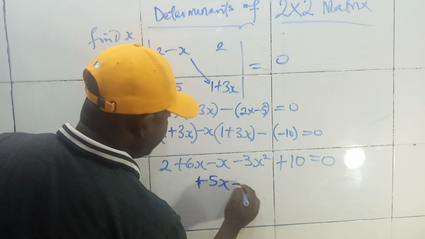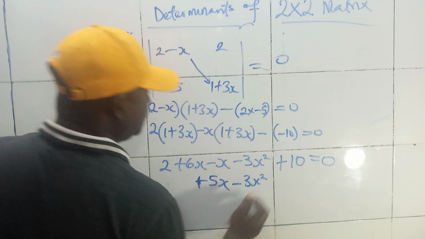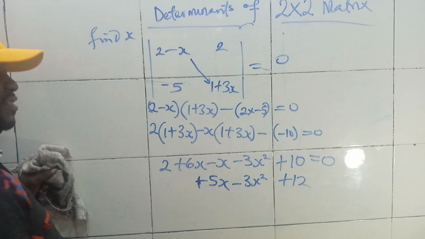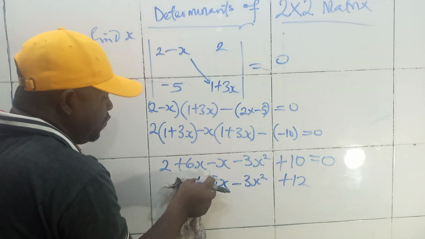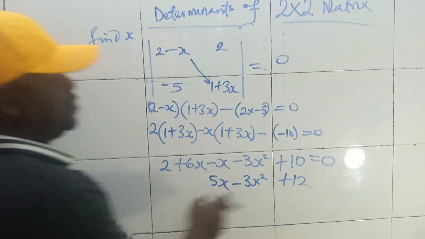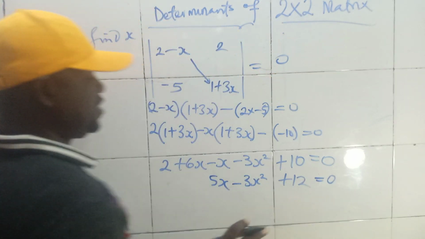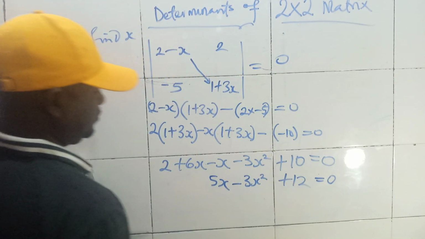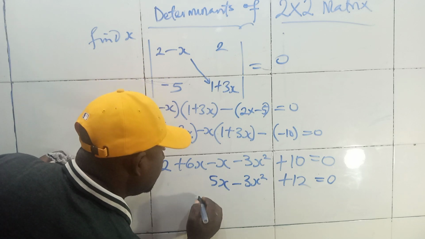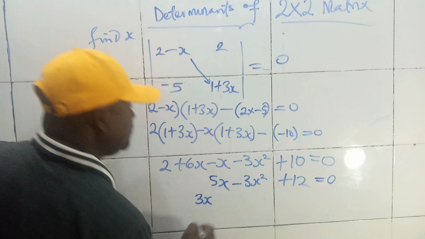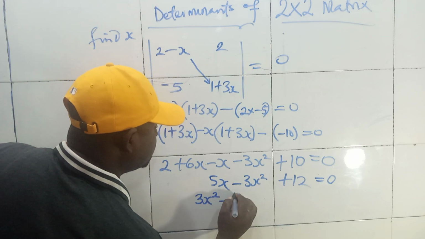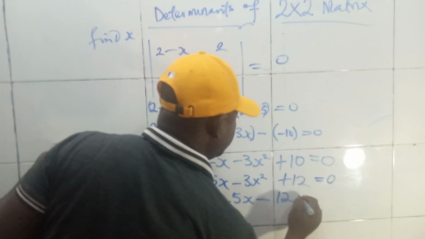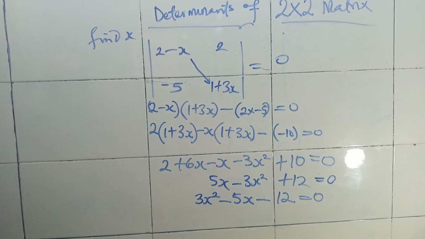Then what do you have here? Minus 3x squared plus 12. Very simple. You can as well rub off this because it's plus. It's equal to 0. Simple. So the next thing is that you can rewrite this as 3x squared minus 5x minus 12 is equal to 0.